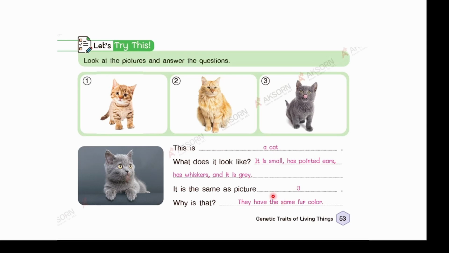Okay? These all have pointy ears, they all have whiskers, and they're all small. But they're not all grey. So that's why we say they have the same fur colour. Because the fur, the hair, is grey.